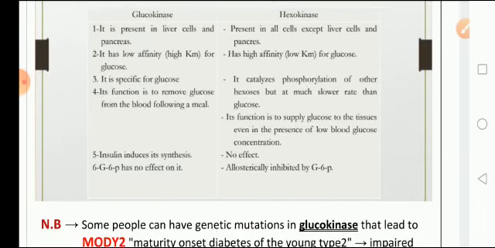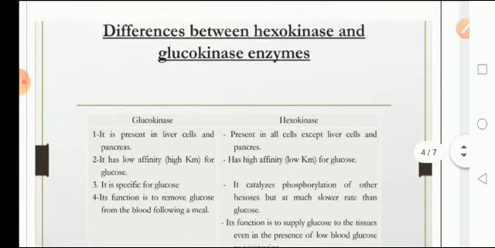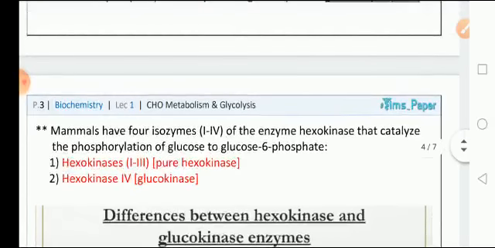Hexokinase is allosterically inhibited by glucose 6-phosphate, so its product inhibits the enzyme. Let's see here. Hexokinase catalyzes the phosphorylation of glucose to glucose 6-phosphate.